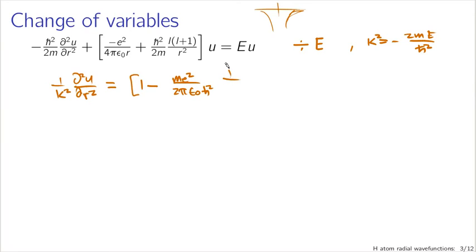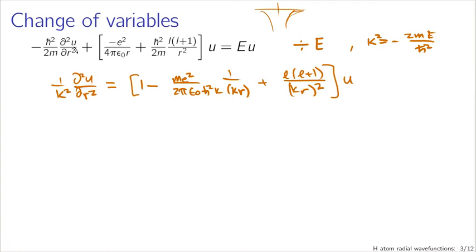And I'm rewriting this a little strangely. There's a k here, and then there's a kr, 1 over kr, plus l times l plus 1 over kr squared. And this is all acting on u, or multiplied by u in this case.